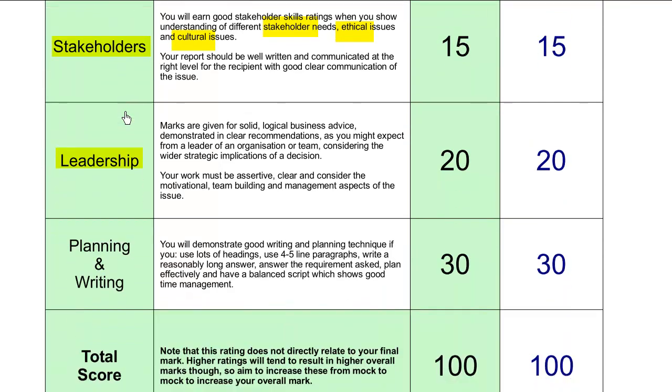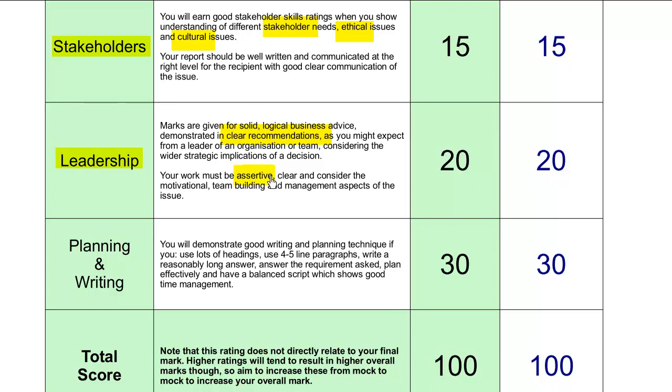Now, as far as leadership is concerned, we know from the examiner's real focus on this in the script review that he did, that he really wants you to make clear recommendations after you've done your analysis. You've done your pros, you've done your cons, all about outsourcing, and then you say, and my recommendation is this.